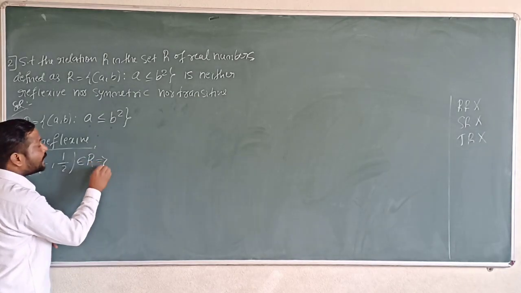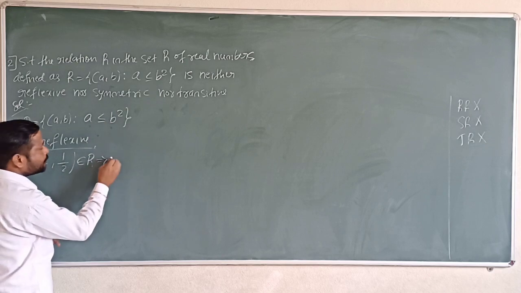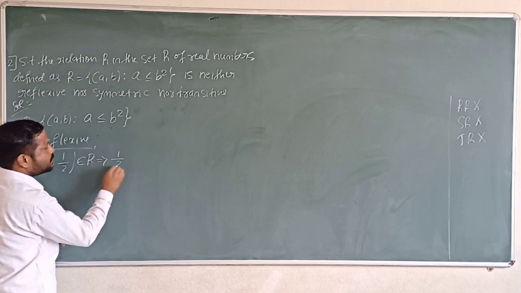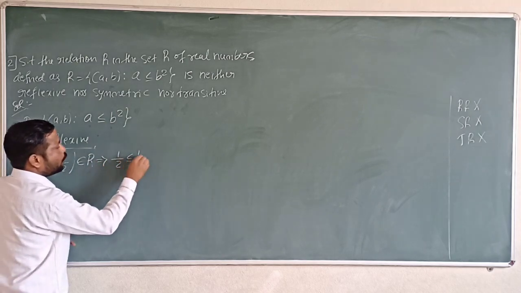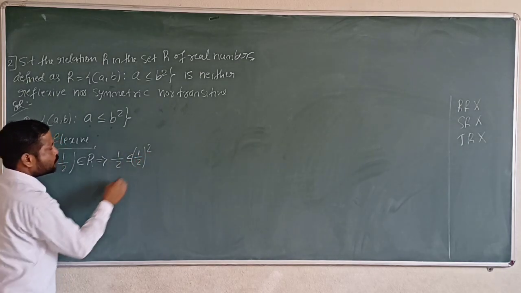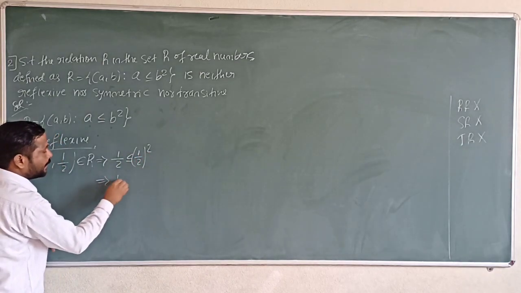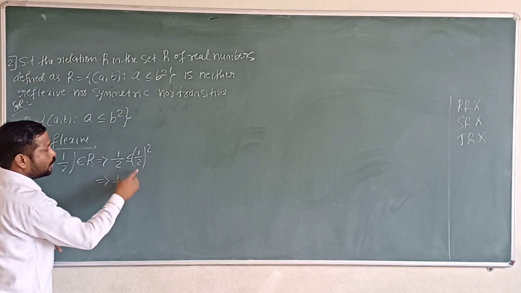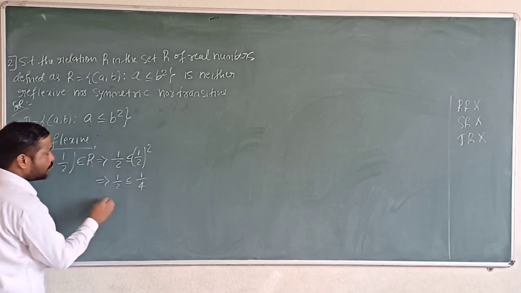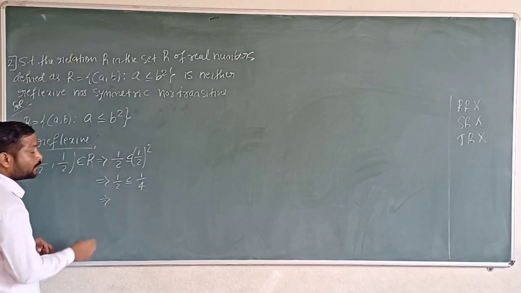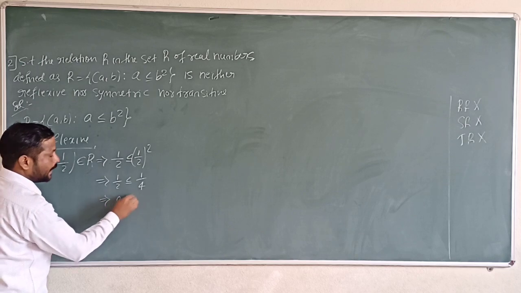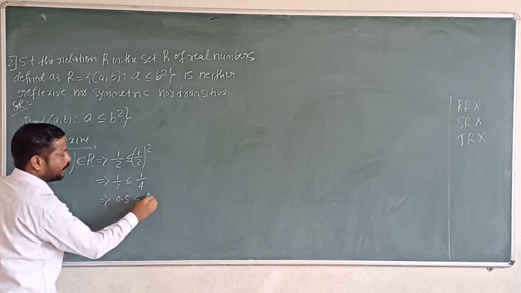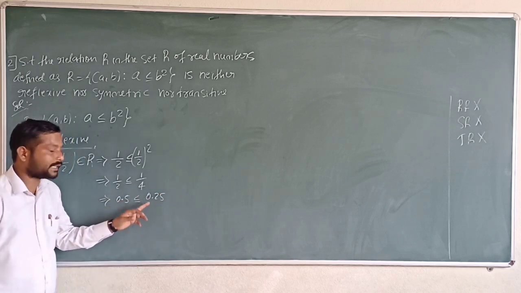(1/2,1/2) belongs to R. Apply the relation now. What happened here? 1/2 is less than or equal to (1/2) whole square. It implies 1/2 is less than or equal to 1 square over 2 square, that is 1/4. No doubt, 1/2 meaning 0.5, less than or equal to 0.25. 1/4 meaning 0.25.